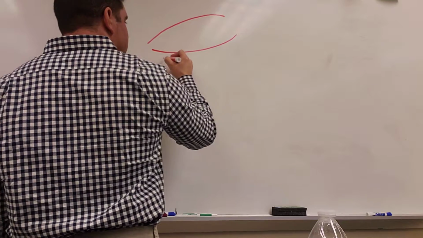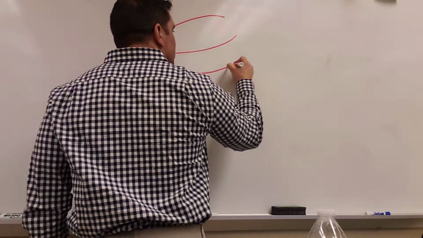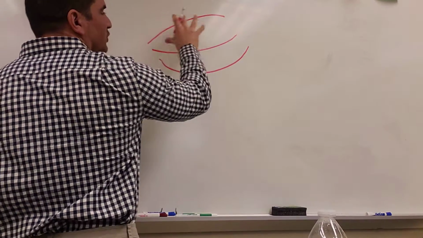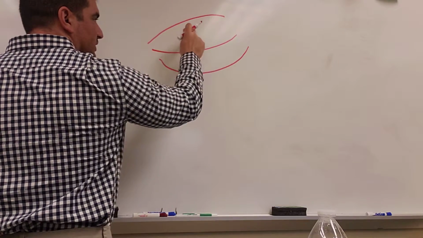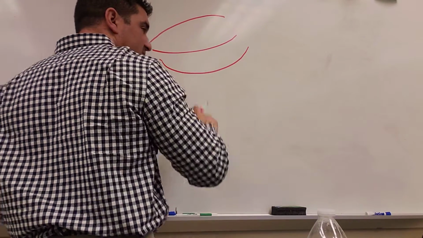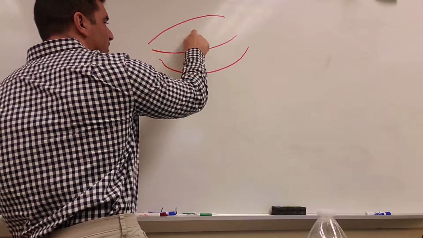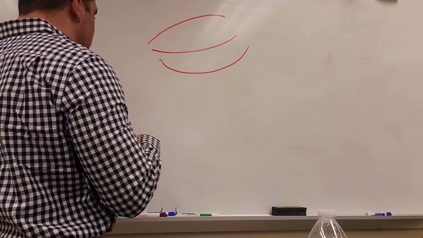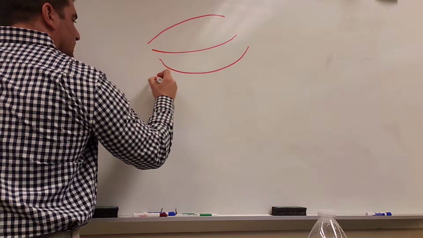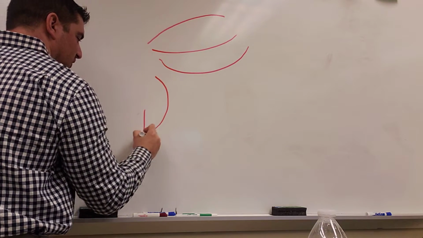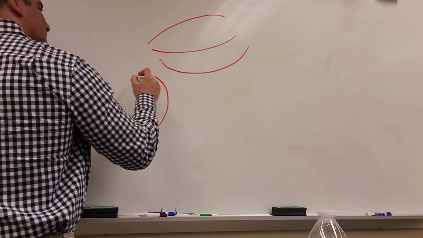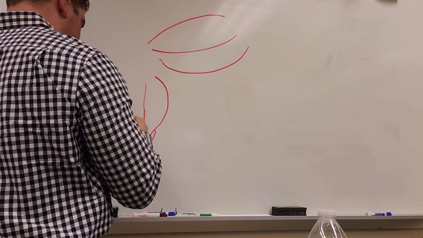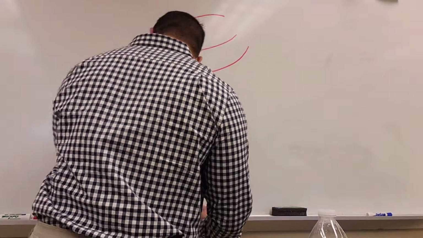So there's your hamstring, and then underneath there you've got your quadricep. So these are groups of muscle: quadricep group, hamstring. So this is top of the thigh up here, and then this is bottom of the thigh down here. And then we've got your gastrocnemius and soleus, right, like that.